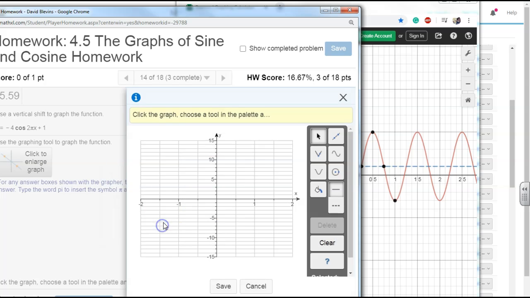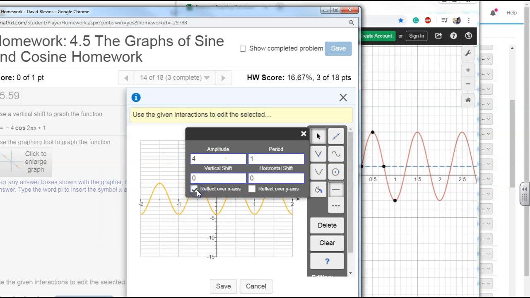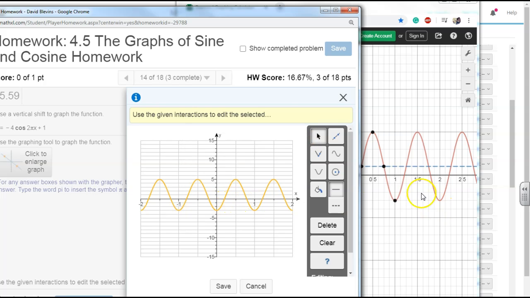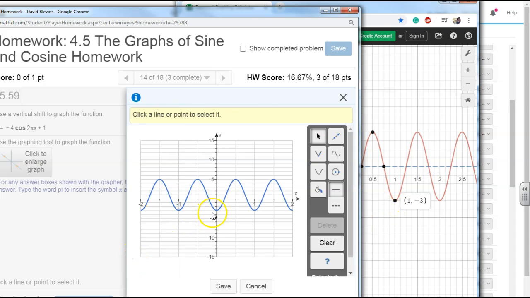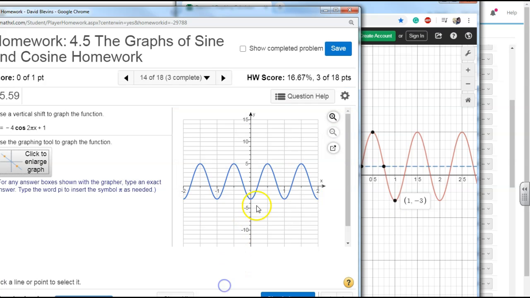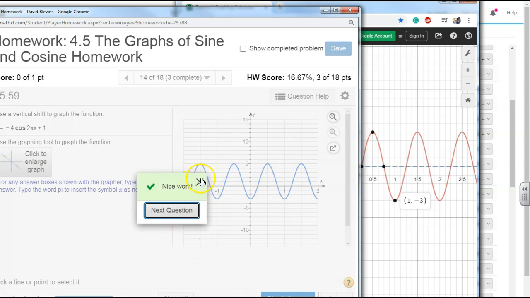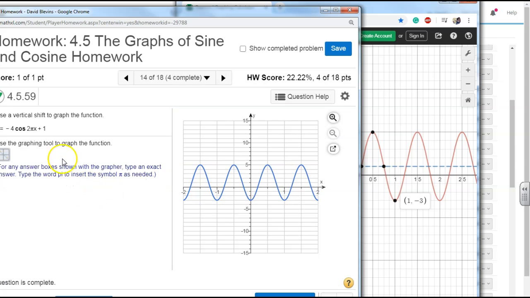Let me start over. Reflect over the axis, and now we want the vertical shift of 1. It's done in a particular order. Now we see at 1/2 we go up to 5. At 1 we're down here at -3. And the same thing's happening here. So there's our graph.